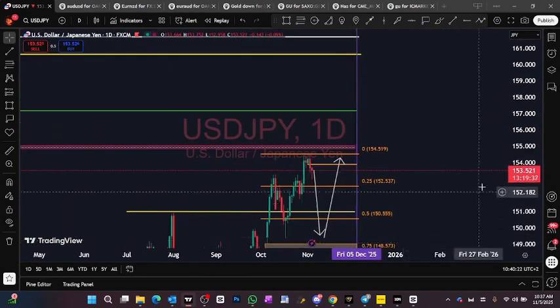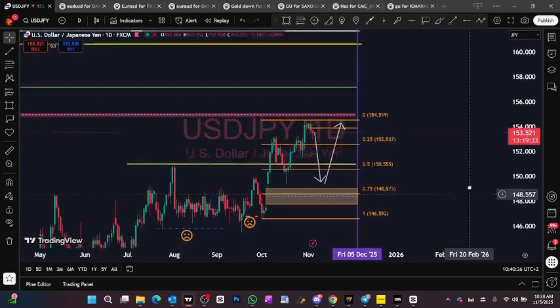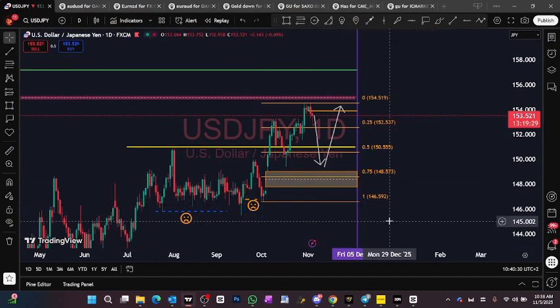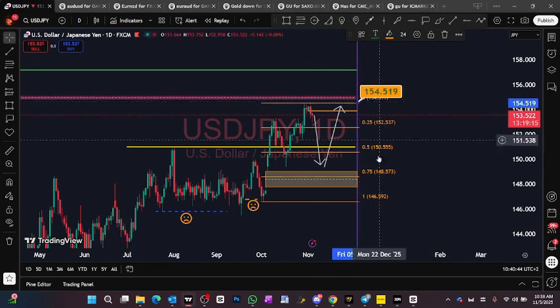So let's see where you might target. You can target the top where it turned. You can target that if you want. It's up to you.